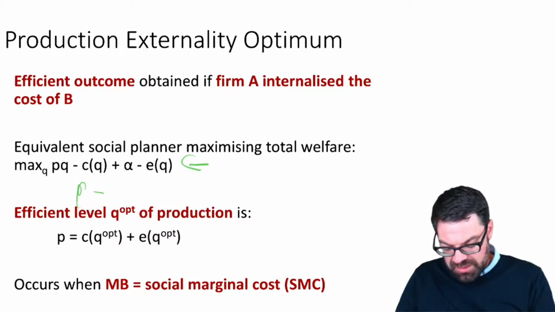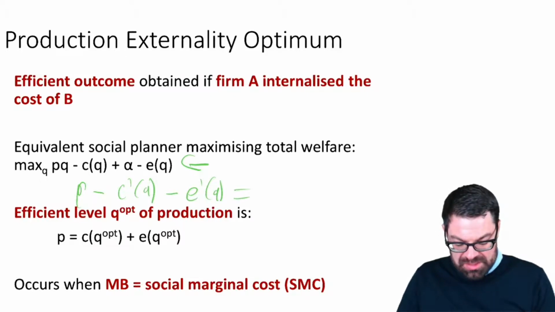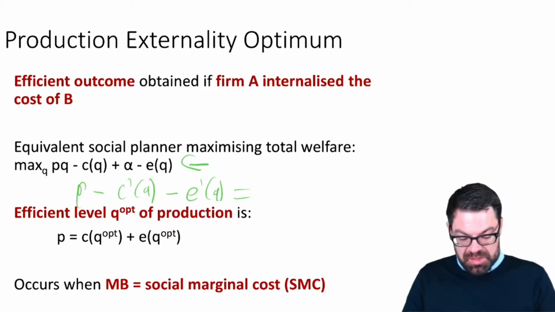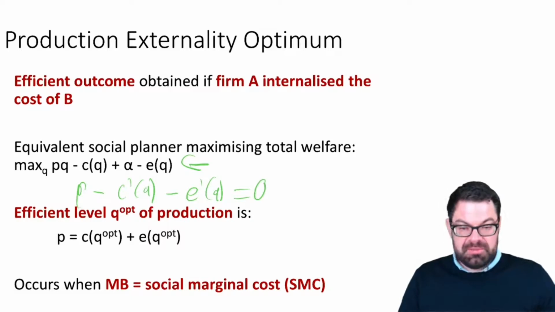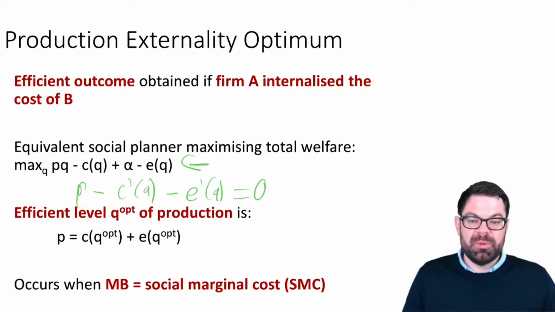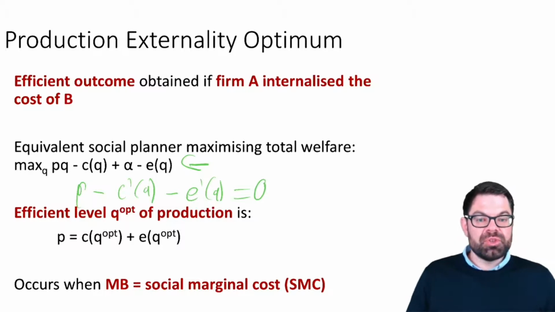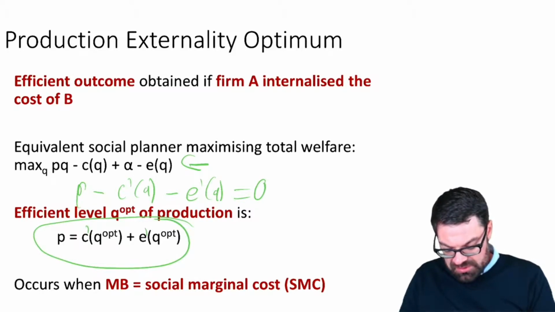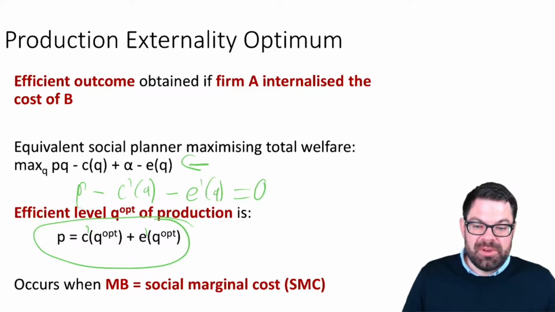So we have P minus C prime Q minus E prime Q. And again, we assume that we have an interior solution, that the optimal level of Q is positive. And so then we can simply set that equal to 0. So that gives us, if we rearrange that, the socially efficient level of production, which is defined by this equation. So the primes here are missing, but here you have them.